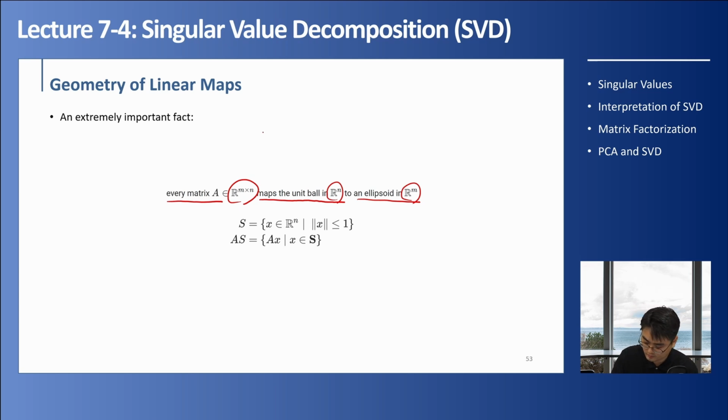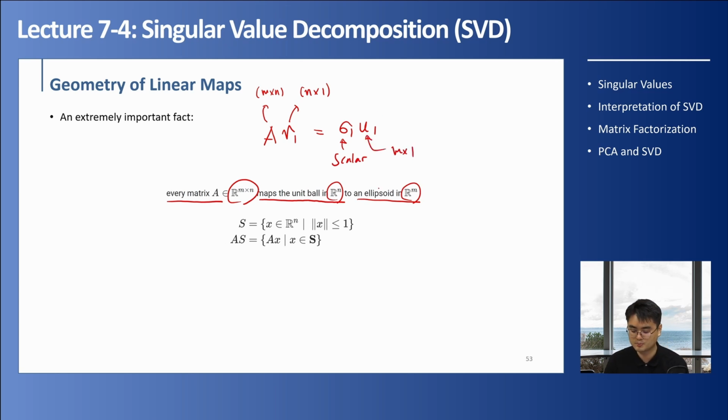So here, for example, if we are multiplying a matrix A, which has the size of m by n, and v1, which is a unit vector in Rn, so it has the size of n by 1, this will be sigma 1 u1, where sigma is a scalar and u1 is a vector of m by 1. So this becomes an ellipsoid in Rm.